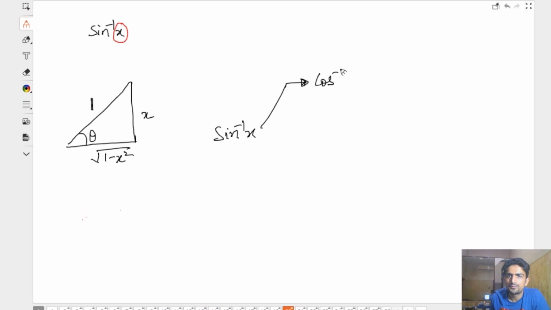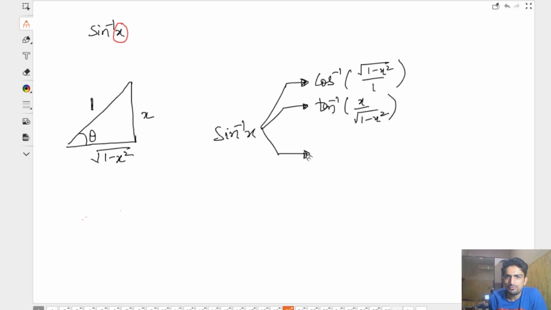Cos inverse. What is the formula of cos inverse? Base by hypotenuse. What is the formula for tan inverse? Perpendicular by base, x upon root 1 minus x square. What is the formula for cosecant inverse?